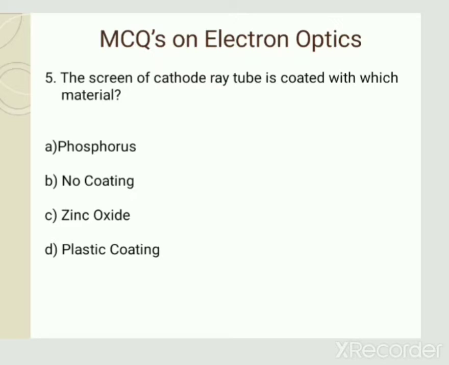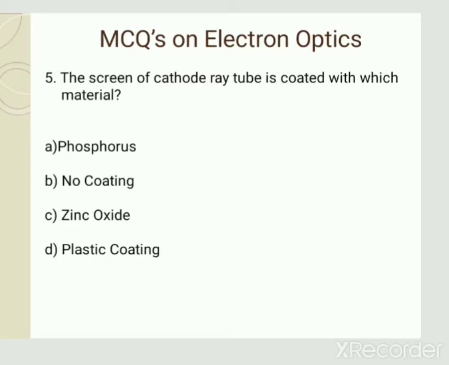So the fluorescent material is a phosphorus. So the correct answer of this question is option A, that is phosphorus, because phosphorus has a property to emit light when highly energetic electrons strike on it.